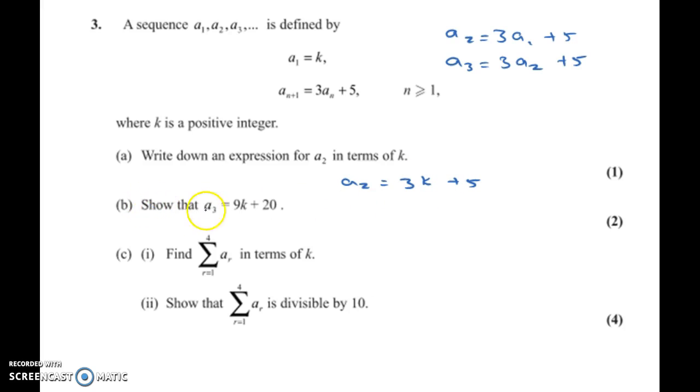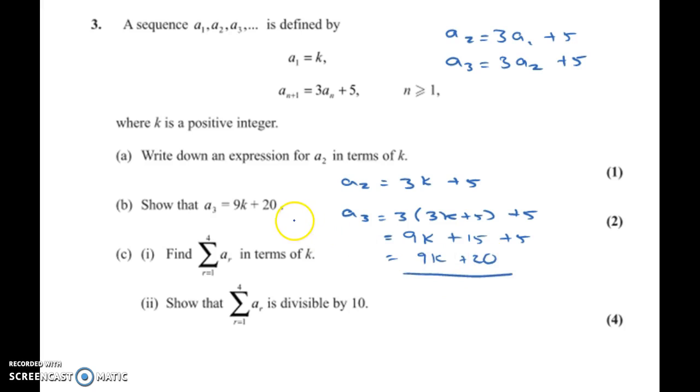For part B, we need to show that A3 equals this. So we're going to do A3 is 3 lots of A2 plus 5, and we multiply that out to get 9k add 15 add 5, which is 9k add 20. So we've done that, part B.